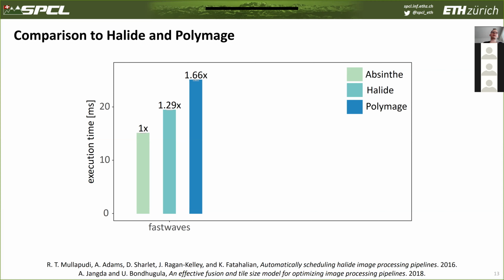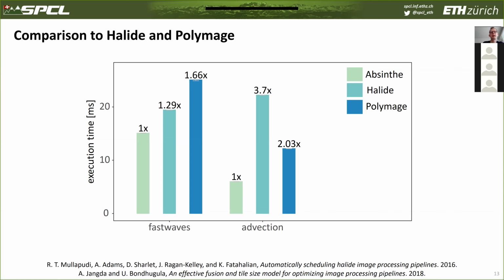So we expect that they're not working so well on climate stencils. But still, our advantage is quite significant there. They are 30 to 60% slower in this case, even worse for advection, a little bit better for diffusion. So we outperform them in all cases, which is definitely nice.